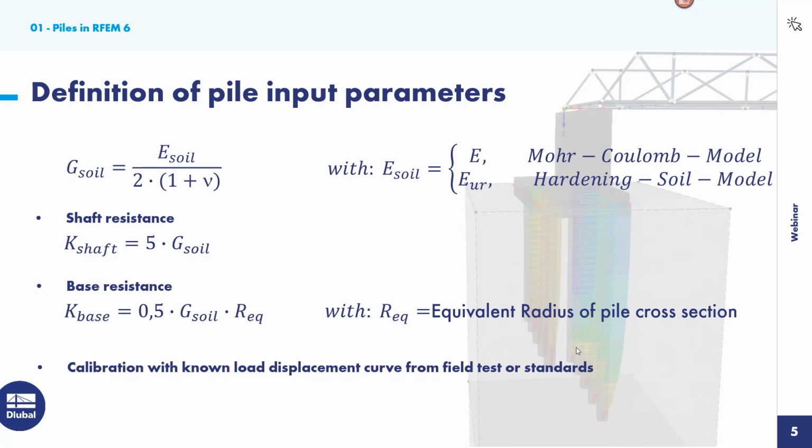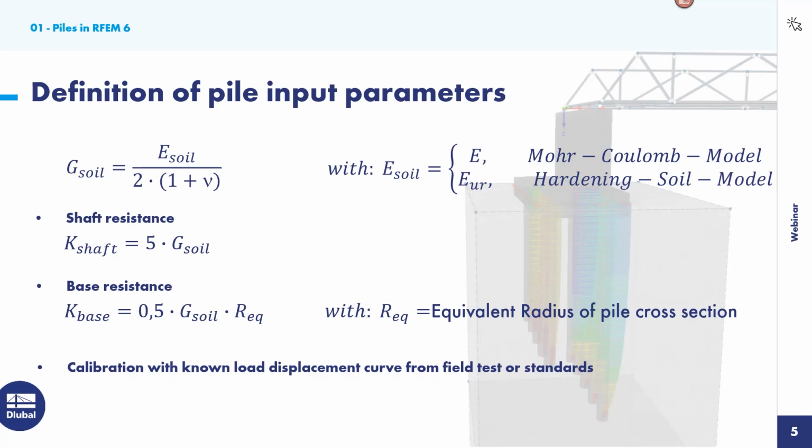With this E modulus and the Poisson value, you would be able to calculate the related shear modulus. The shaft resistance and base resistance can be calculated from the shear modulus, as provided in these equations. And these equations are a first value for your input for your pile.